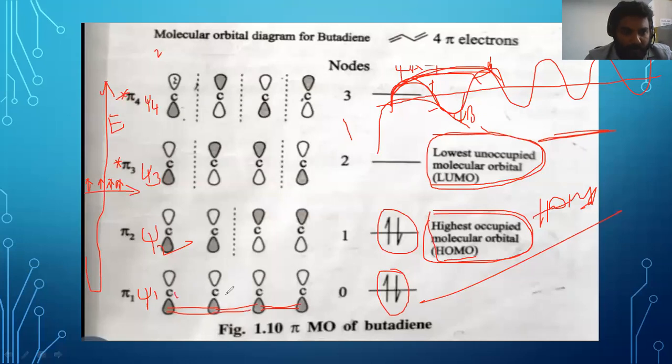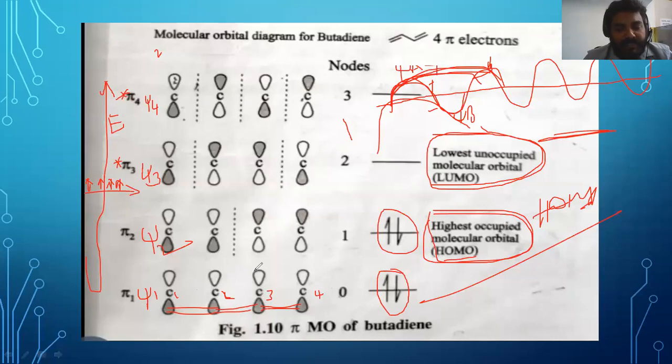1, 2, 3, 4. The bonds are C1-C2, C2-C3, and C3-C4. How many bonds are there? 1, 2, 3. Three bonds are there. No lines are possible; the orbitals are completely filled.